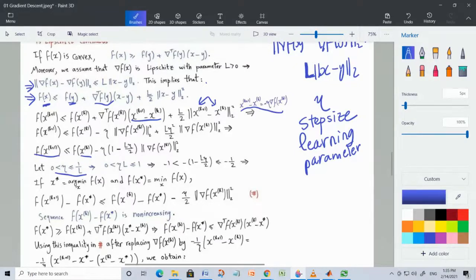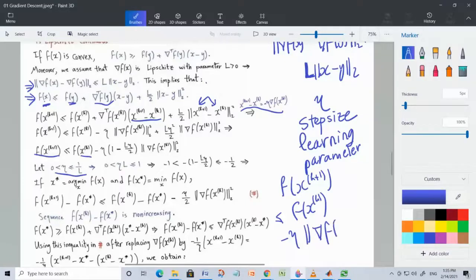You can use this inequality to show that f of x k plus 1 is less than or equal to f of x k minus eta over 2 times the L2 norm squared of the gradient at x k. Then you subtract from both sides the optimal value, minus f of x star.